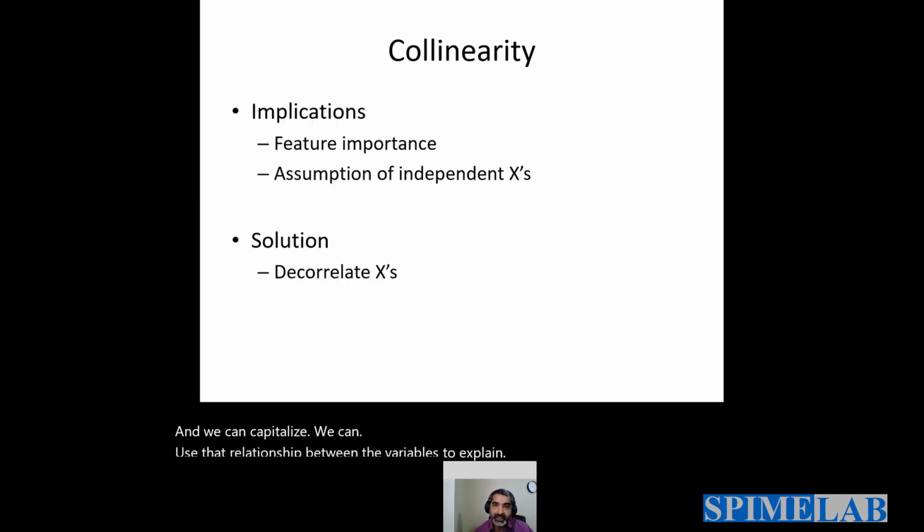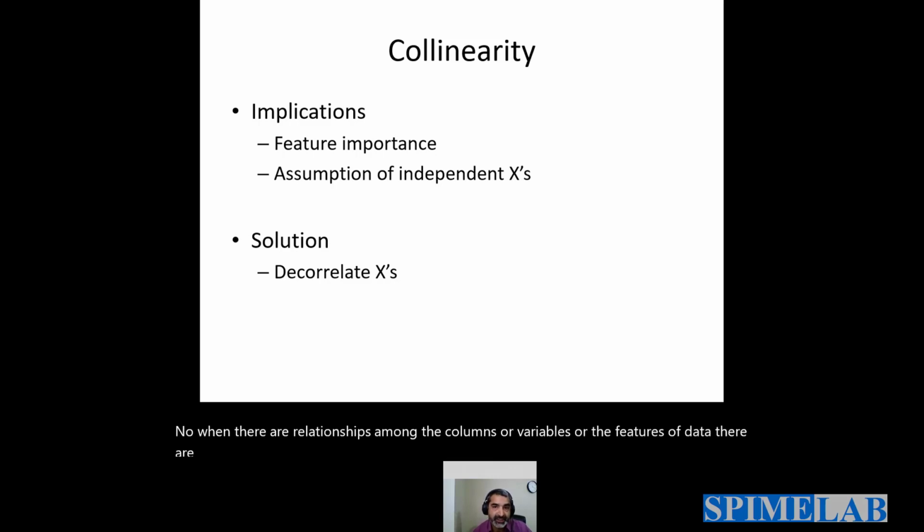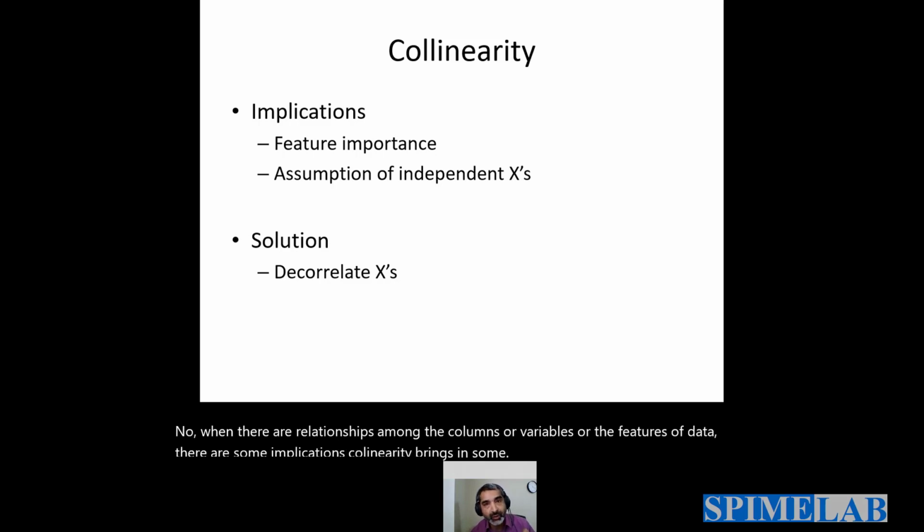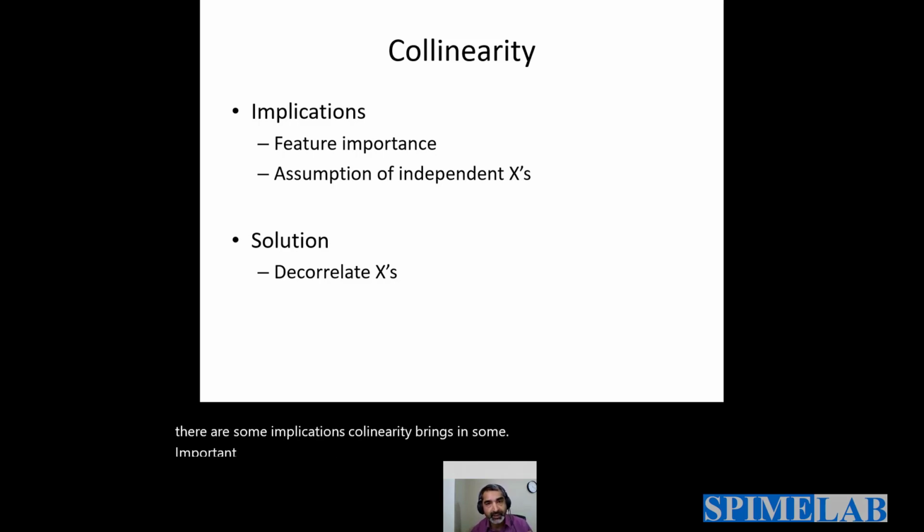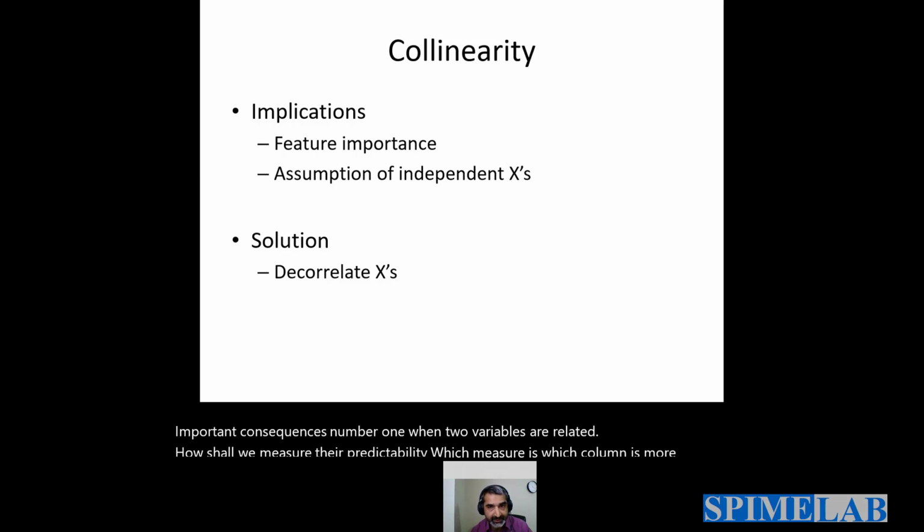Now, when there are relationships among the columns or variables or the features of data, there are some implications. Collinearity brings in some important consequences. Number one, when two variables are related, how shall we measure their predictability? Which column is more important for our analysis?